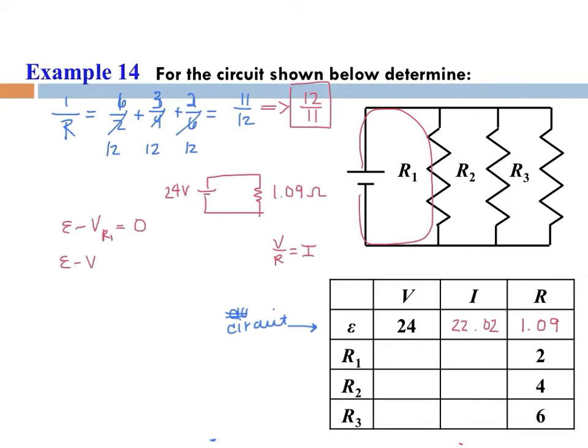But that would have to be true for all other paths. So that means the voltage across each of these resistors is simply the voltage of my battery.